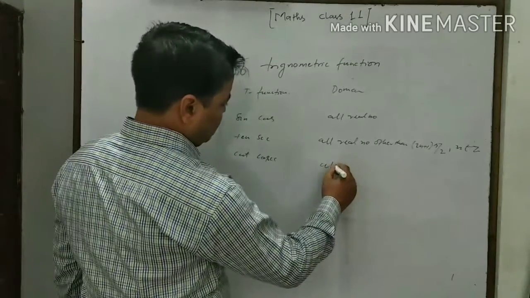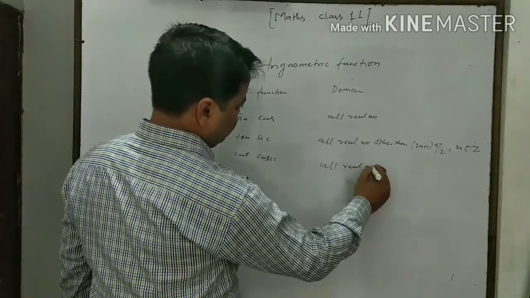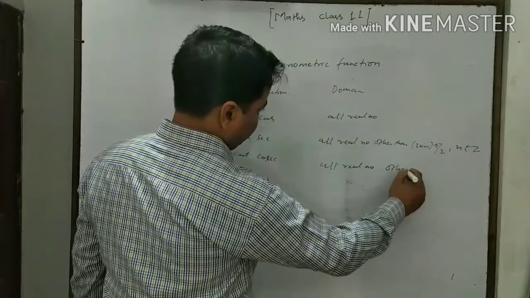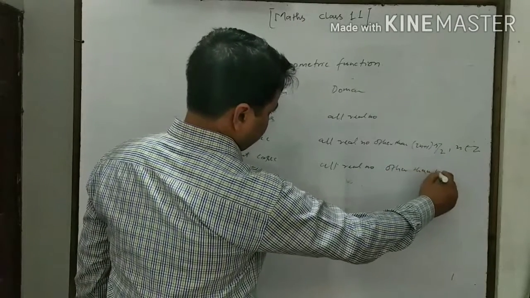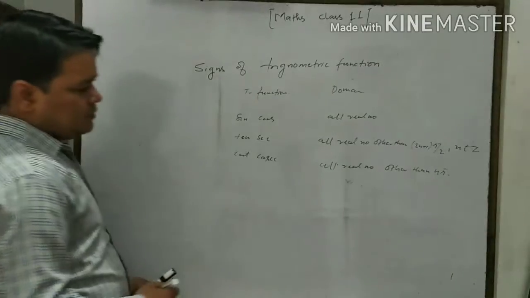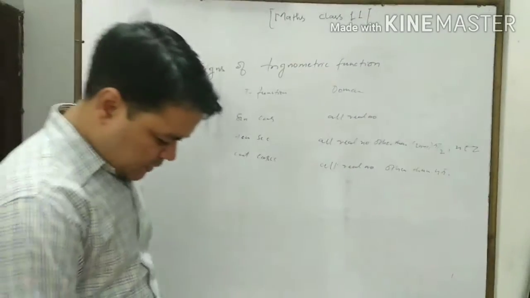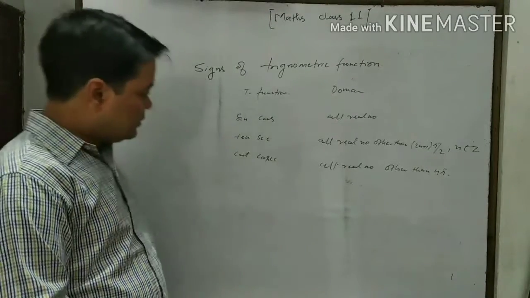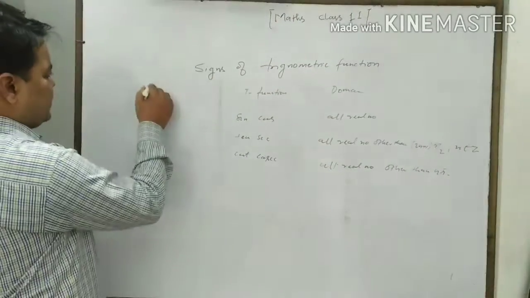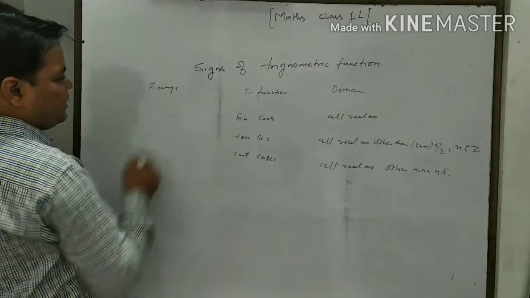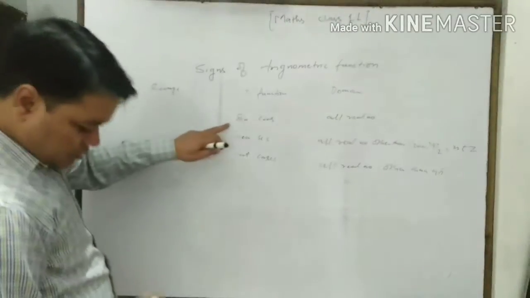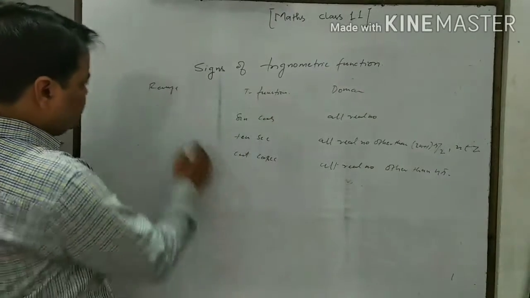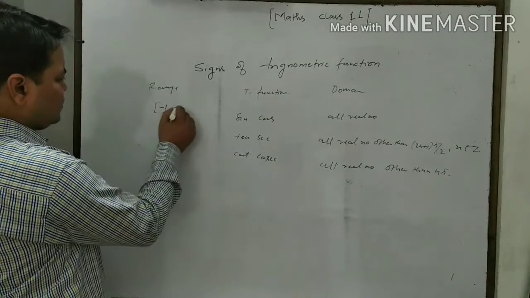All real numbers other than n pi. Okay. Similarly, if you have to write the range, the range of sine and cos will be -1 to 1.